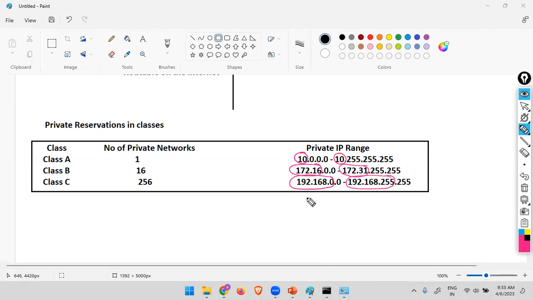Yes, the third octet changes, because there are 3 network octets in case of class C. In case of class A, 8 network bits, 24 host bits. In class B, 16 and 16. In class C, 24 network and 8 host. So here 1 octet is network, remaining 3 host. Here 2 octets network, 2 octets host.